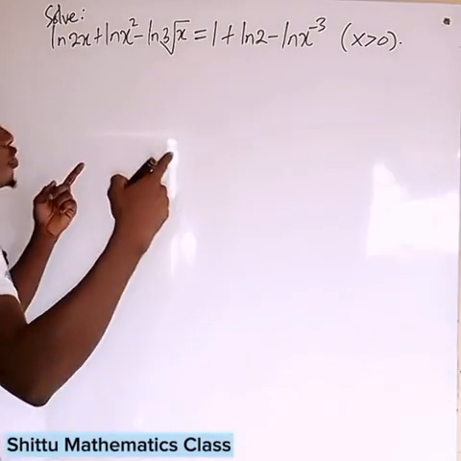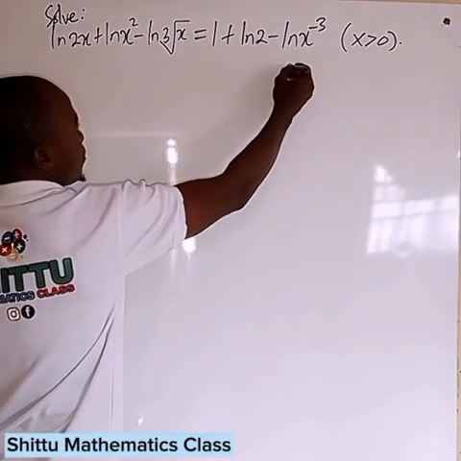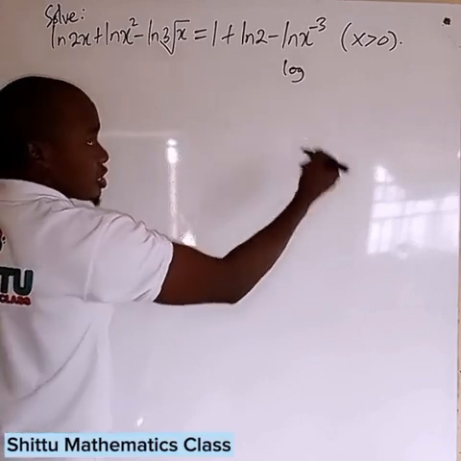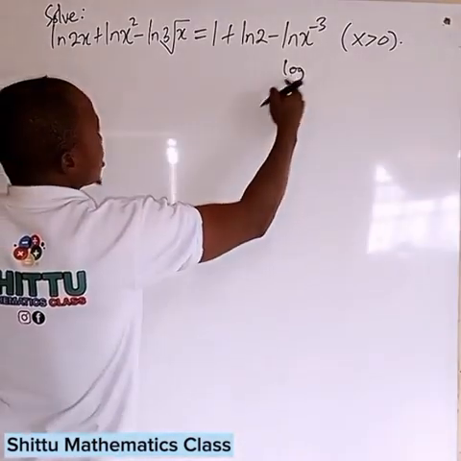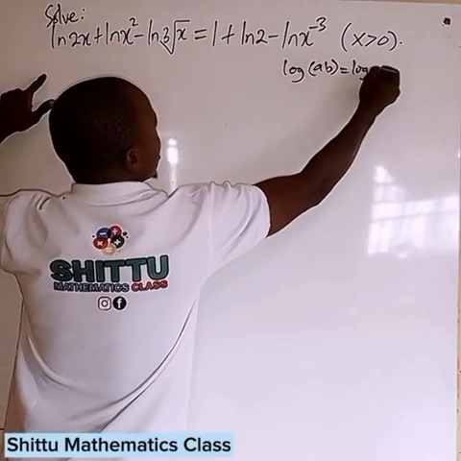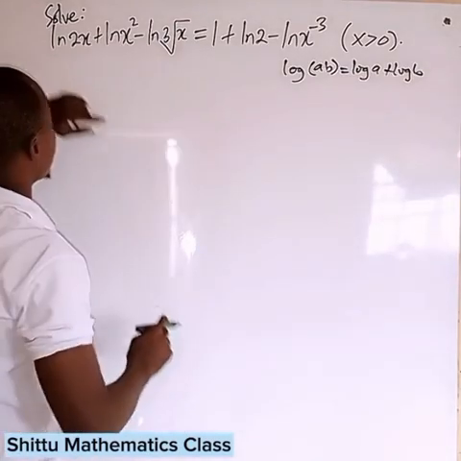If you can recall from the law of logarithms, ln is the same thing as log. So when you have log of ab, this can be log a plus log b. So I'm going to be applying this here now.